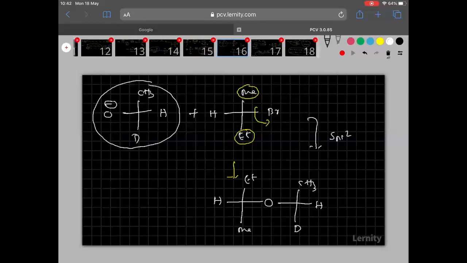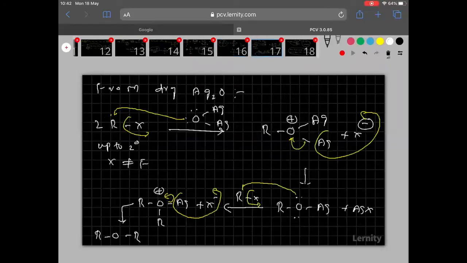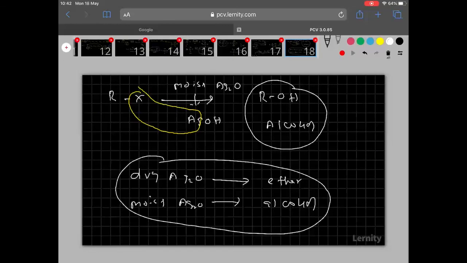Then from dry Ag2O, then moist Ag2O. Moist Ag2O will give alcohol, but not ether. So please see clearly that one. Completed? Right. So preparation methods of ethers completed. Tomorrow we are going to see physical and chemical properties of ethers. Okay. Thank you, Ranjit sir.